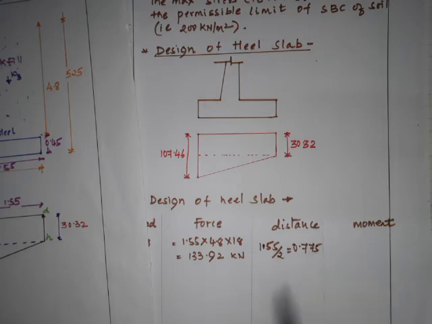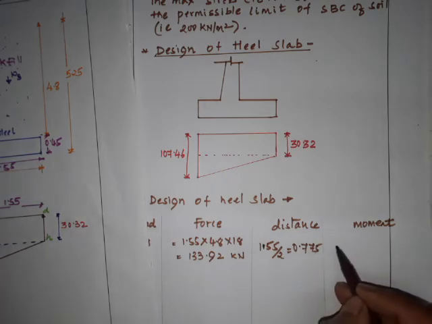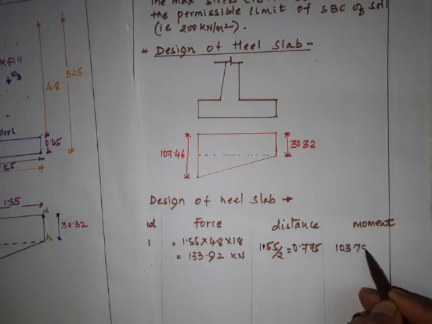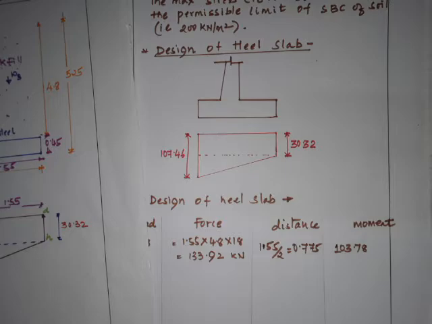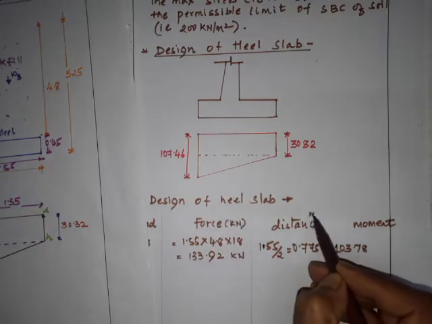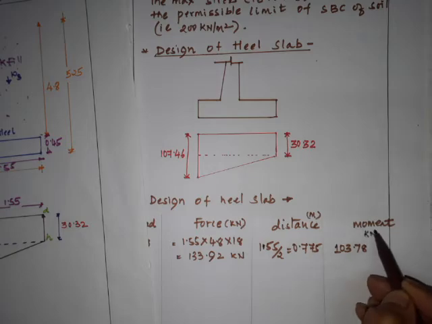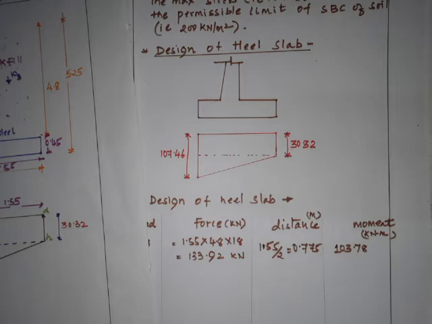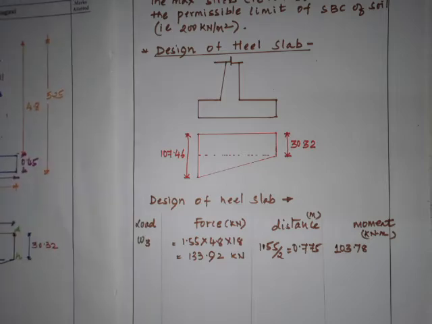By multiplying this into this, we get the moment as 103.78. So this is in kilonewton, this is in meter, this will be in kilonewton meter. Okay, that is W3.